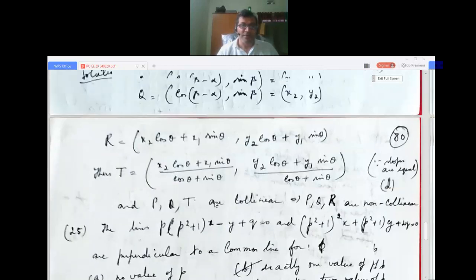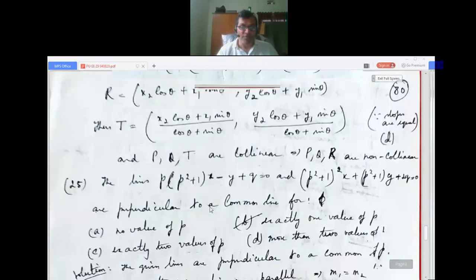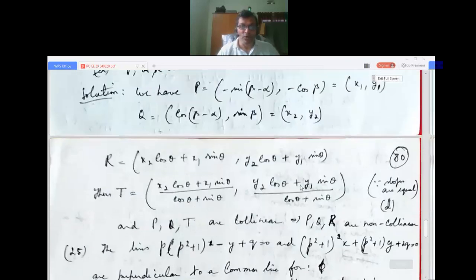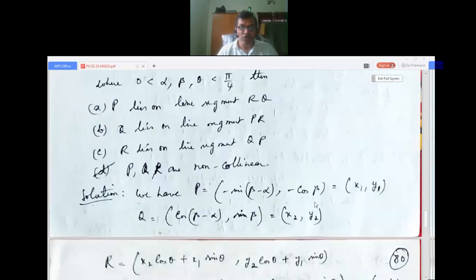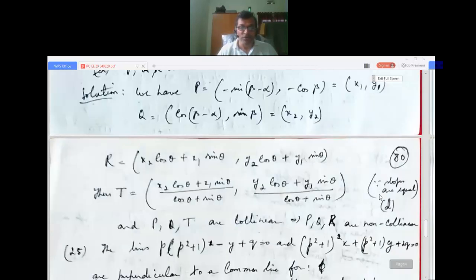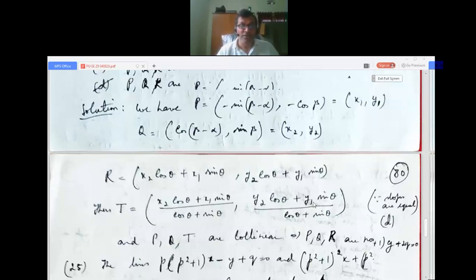Okay, then what about T now? Since slopes are equal, we will get T as (x2 cos theta plus x1 sin theta) divided by (cos theta plus sin theta), comma (y2 cos theta plus y1 sin theta) divided by (cos theta plus sin theta).